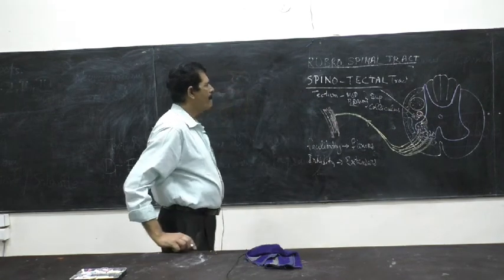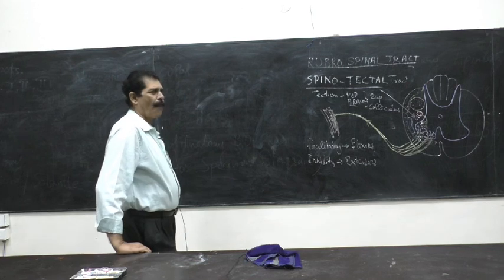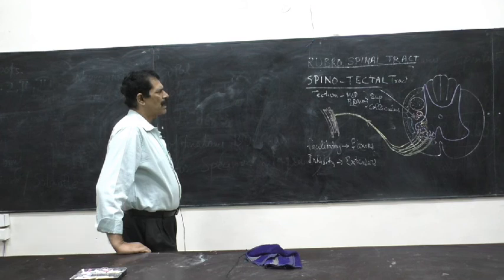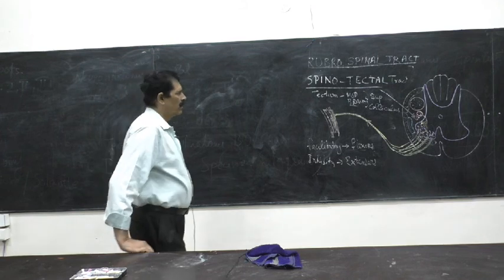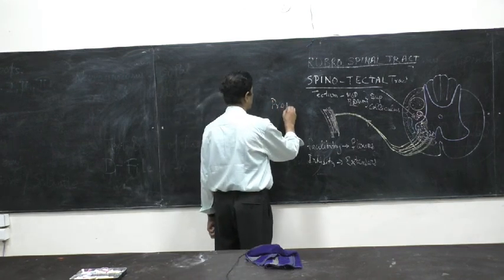So they go from below upward, so they are ascending. If they are ascending, they are concerned with some sensations. They mainly carry the proprioceptive sensation.